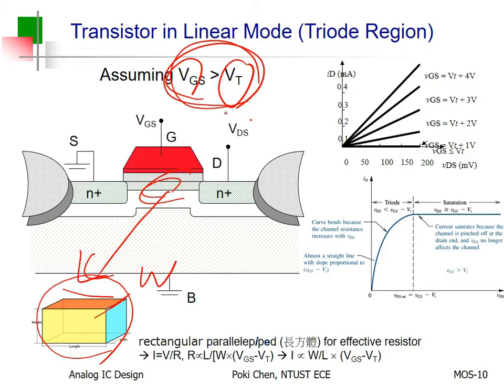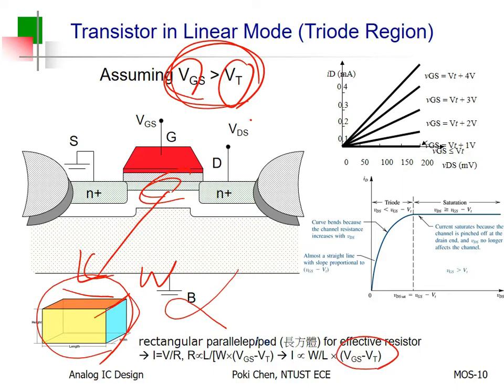The higher above threshold voltage, the thicker the channel will be. That's it. So you can see the channel depth is proportional to this one. Please keep this in mind. It's very important.